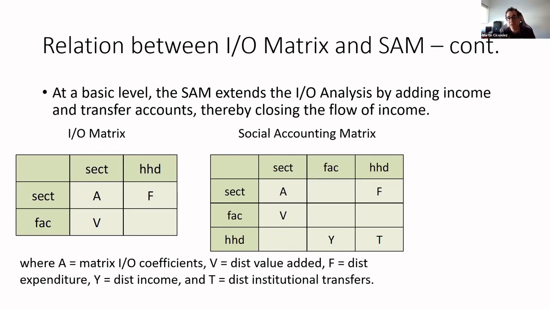In a social accounting matrix, we basically close the system, and we link the factors with the different institutions, the household, the rest of the world, and the government. And so we can talk about the functional distribution of income, and also the size distribution of income, or the personal distribution of income.